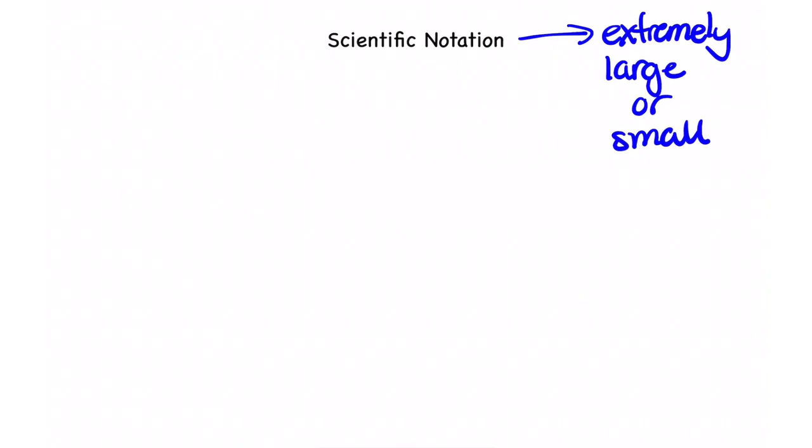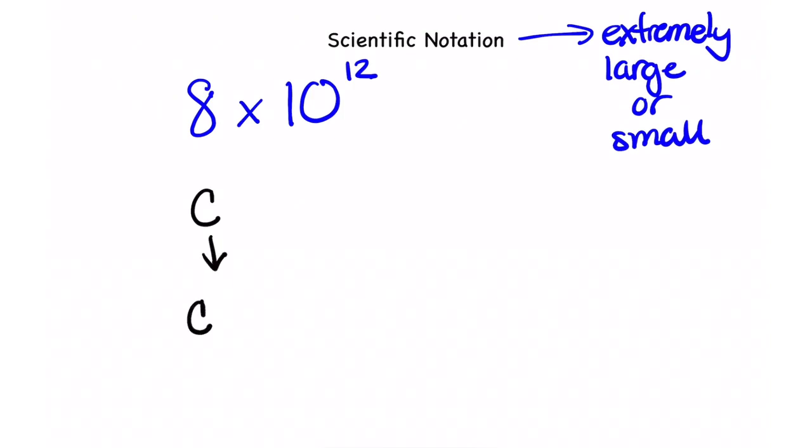Let's look at 2 different types of numbers. For example, I'm going to write this one as 8 times 10 to the 12th power. The first thing I want you to notice is that scientific notation is written in a format that looks like this: C times 10 to the n, where C is some number, and C has to be greater than or equal to 1, but less than 10.